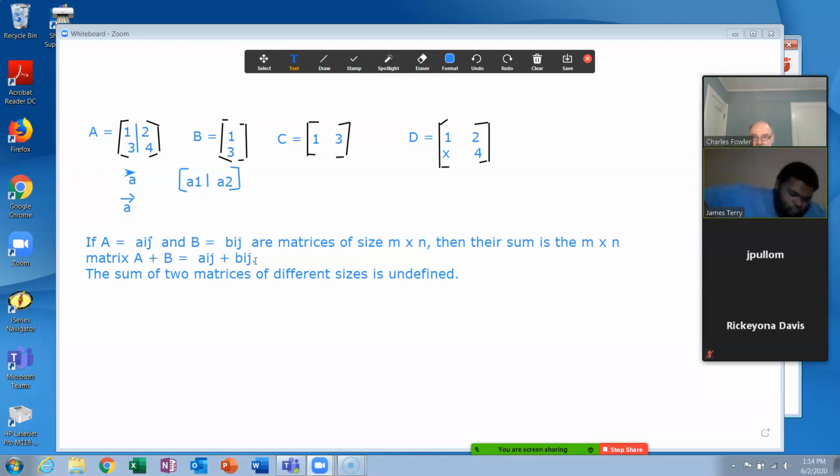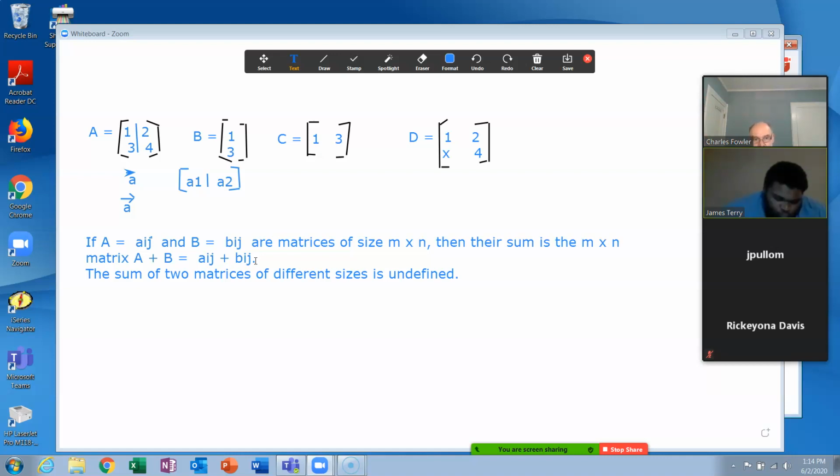M by N, M rows, N columns. If they are not, you cannot add them. A 3 by 2 cannot be added to a 2 by 3. They're different sizes. Now, how do you get a single entry in that sum matrix? Add the corresponding entries in the first matrix. A11 plus B11 gives you the 1, 1 entry of the sum matrix.